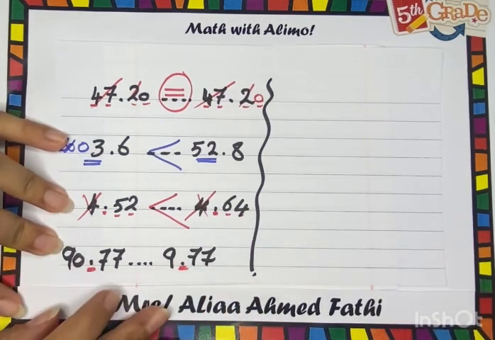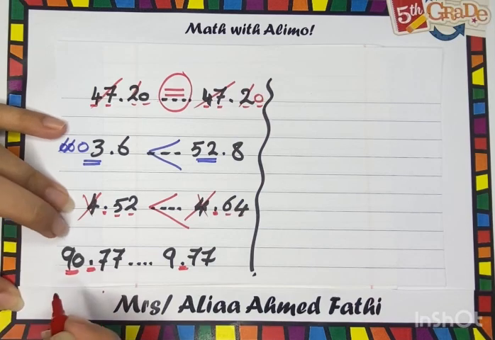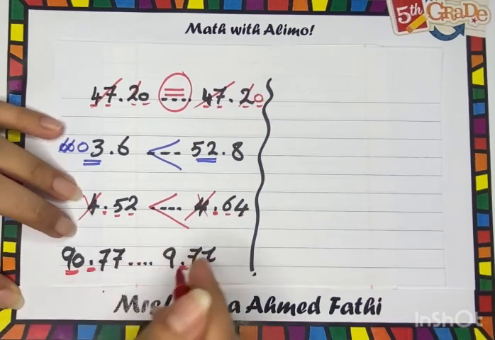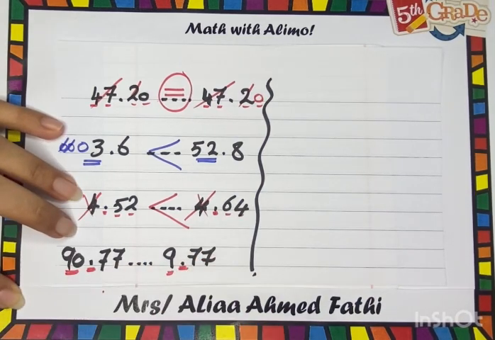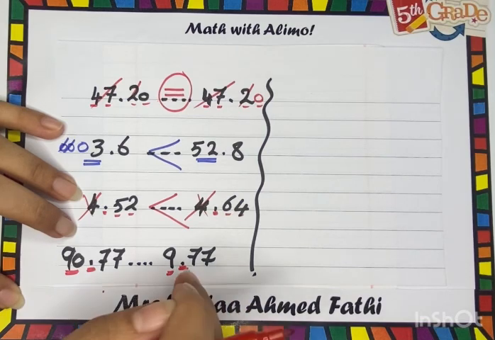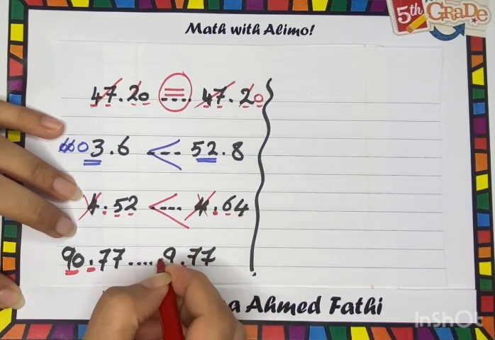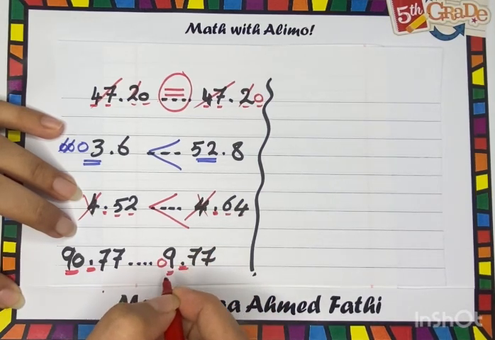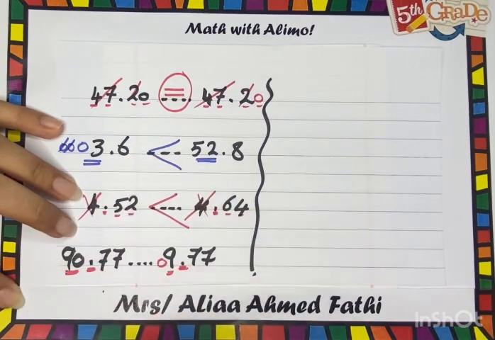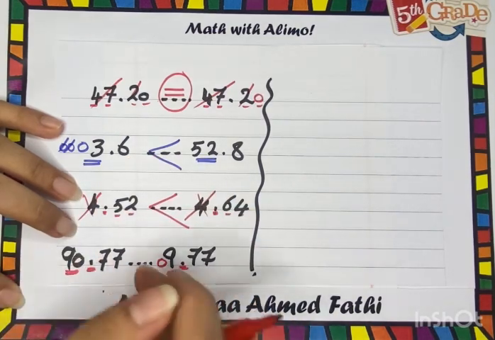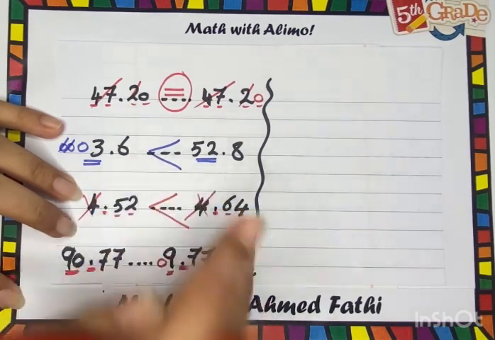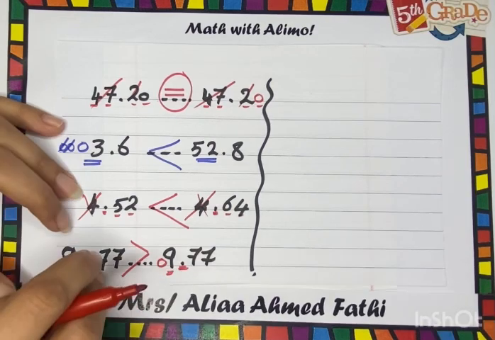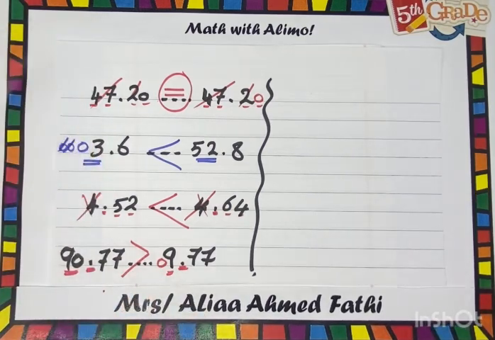In the whole part, we have 90. And in the whole part of this number, we have 9. To make balance, where are we going to put the 0? Yes, to the left to keep the value of the number. It's 9. So we have here 90 and we have there 9. So, of course, the 90 is greater than the 9.